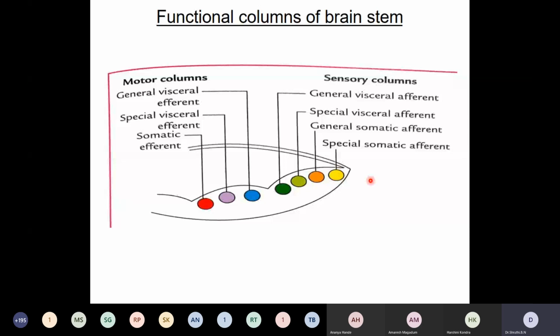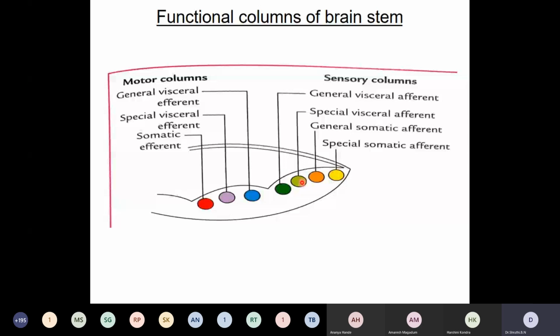And here also there is the sulcus limitans. See, this is the sulcus limitans that divides the brainstem into alar lamina and basal lamina. Cells of the basal lamina are efferent in nature. Efferent means what? They are motor. And cells of the alar lamina are afferent in nature. That means they are sensory in nature.